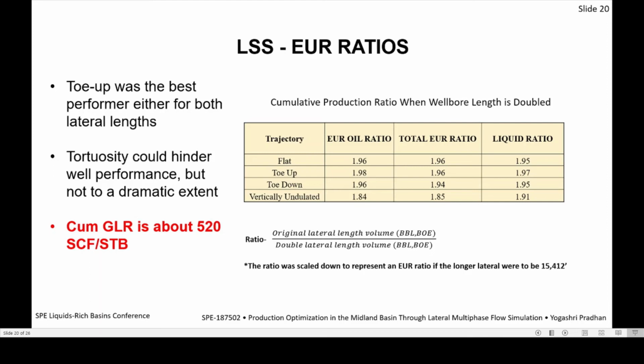Tortuosity could hinder well performance, but not to a dramatic extent. The cum DLR was about 520 scf per barrel when simulating the lower Sprayberry. If you look at the liquid ratio and the total EUR ratio, you're looking at about a 1-to-1 ratio when scaling up your lateral length, whereas the vertically undulated one actually decreases.